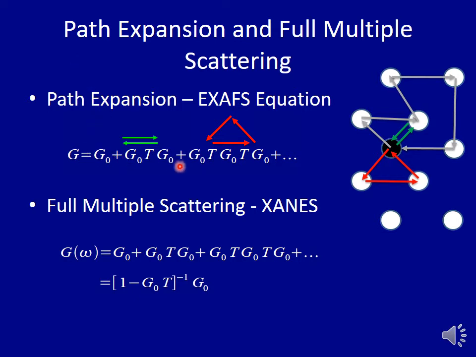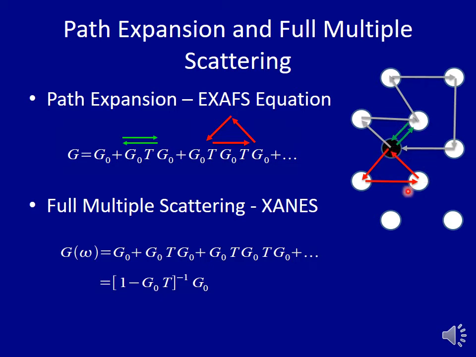And you can see that by looking at this and thinking, okay, well, this expansion starts with a G0, which is just an outgoing wave, therefore it doesn't have any interference at the origin, and that doesn't really contribute to the oscillations in the fine structure. The second term here with the single T matrix or scattering matrix corresponds to single scattering, which you can see over here in green.